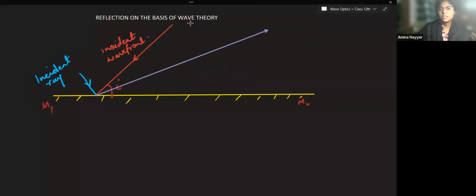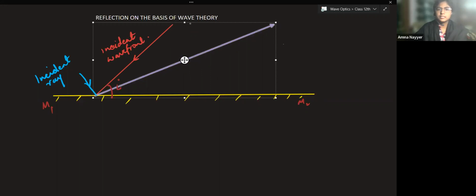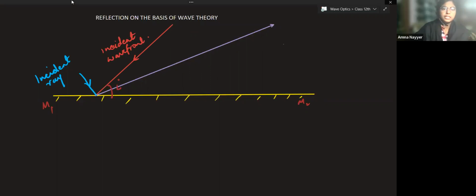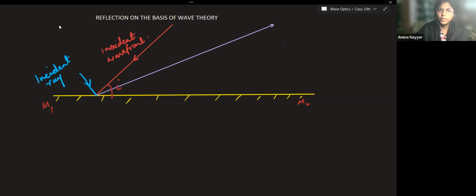Properly using the laws of reflection, a reflected ray occurs. This is the reflected ray. Now see, at all these points of the reflected ray, the incident wavefront was there, and perpendicular to it was the incident ray.